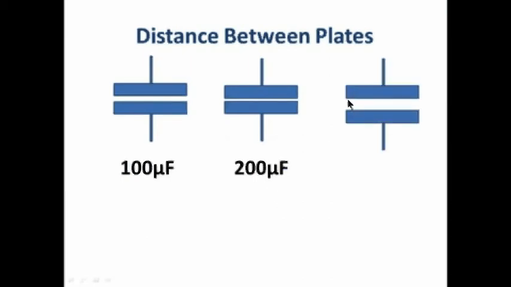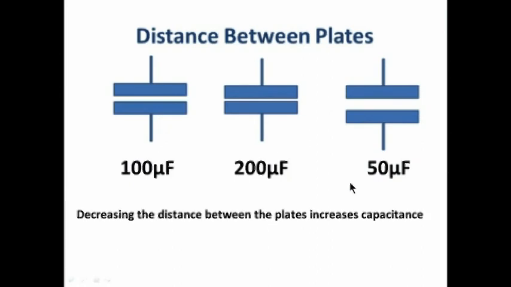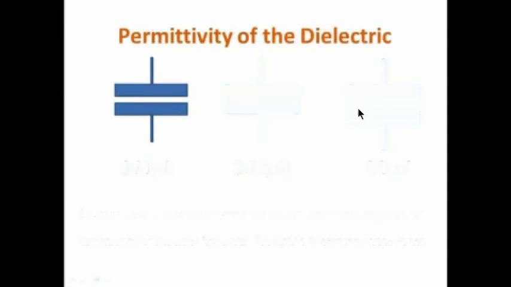If I move them further apart, I've doubled the distance of this one, goes down to 50 microfarads. So decreasing the distance between the plates increases the capacitance, and increasing decreases it.